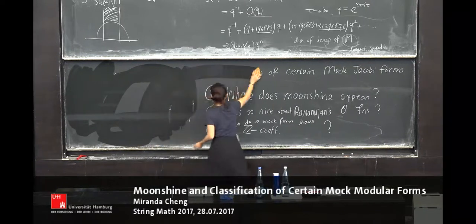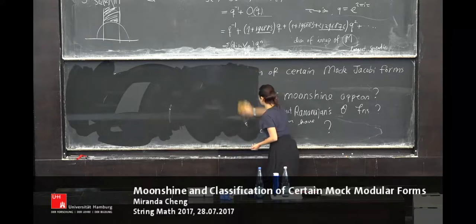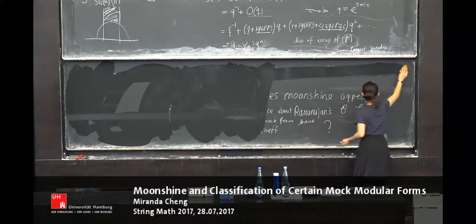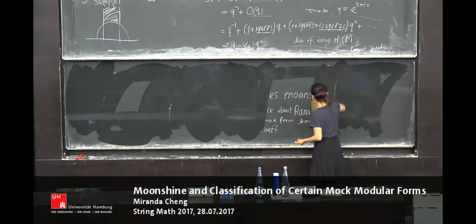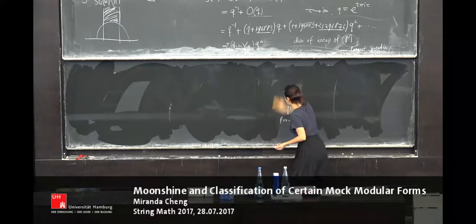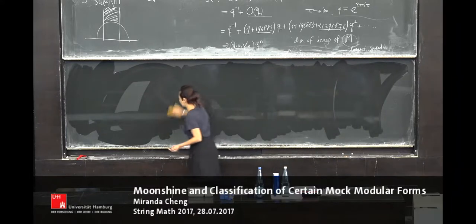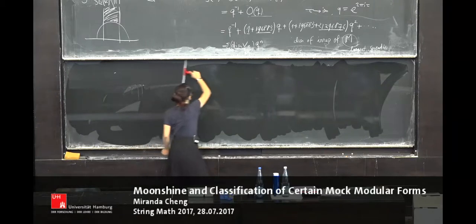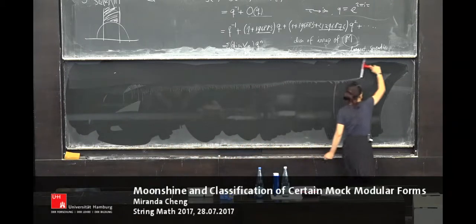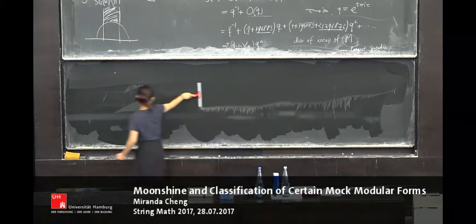Namely, to establish a connection, we can't just look at the dimensions, we should also look at the group characters. That has led to the monstrous Moonshine conjecture, which is now a theorem thanks to the work by Frenkel, Lepowsky and Meurman in '84 and Borcherds in '92.